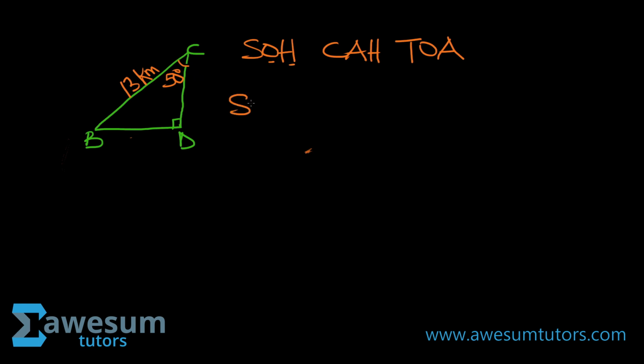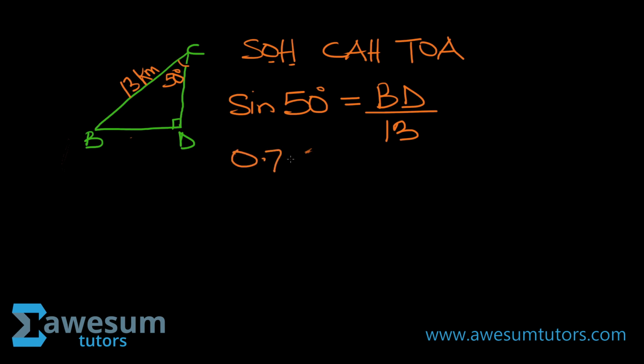So I can say sine 50 degrees equals opposite, which is line BD, over hypotenuse, which is 13. In this case, sine 50 is 0.766, equals BD over 13.